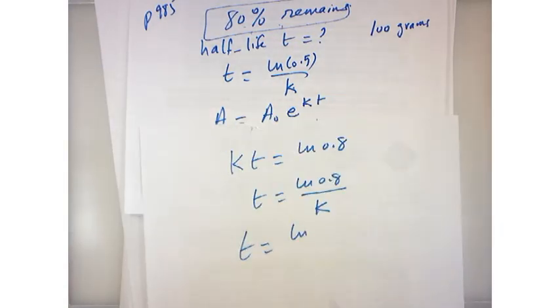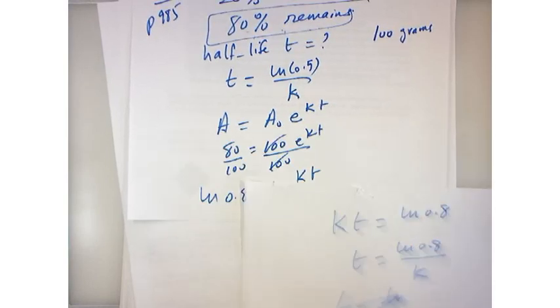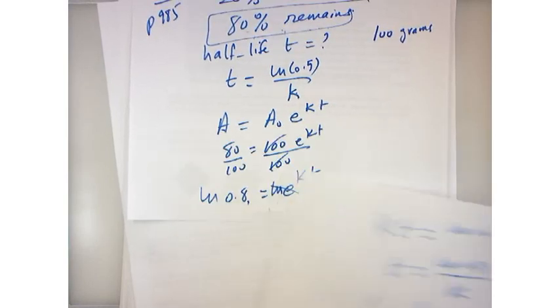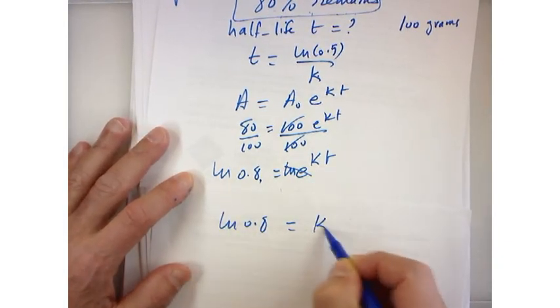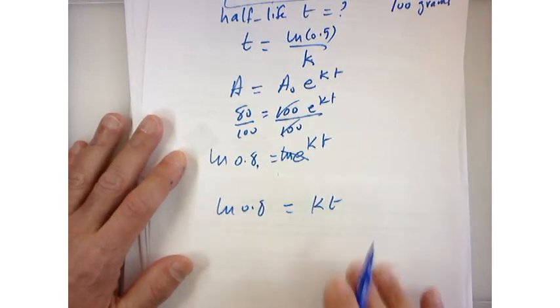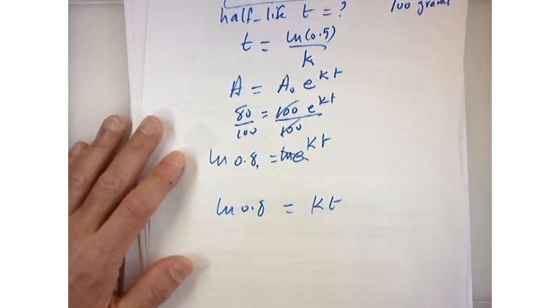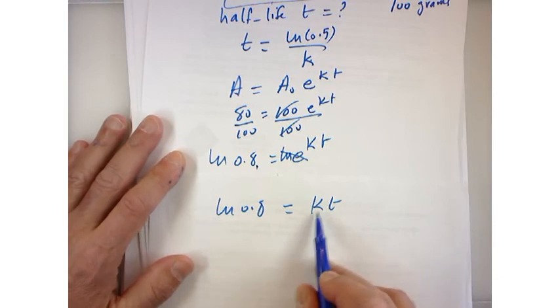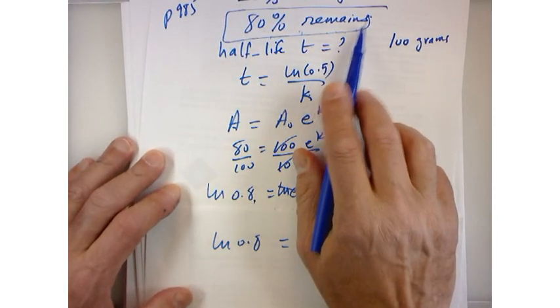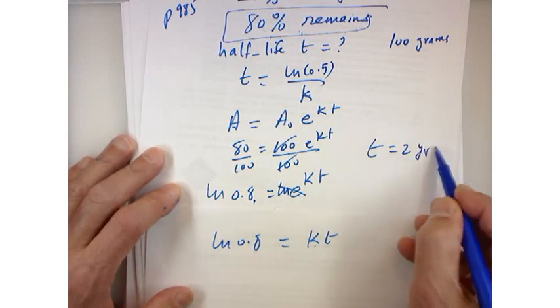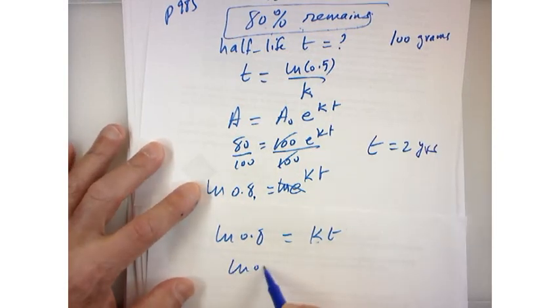So to find K, hold on. We have ln of 0.8 equals KT. We need to find K, but T is 2 because 80% remains in 2 years. That's what they're saying. So ln of 0.8 equals 2K.